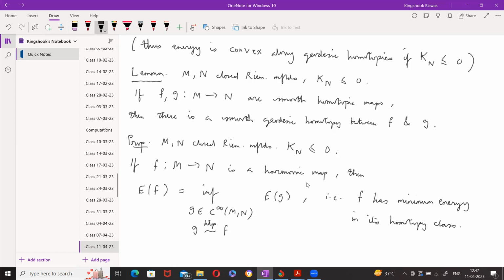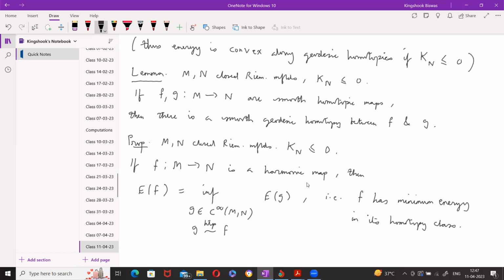Okay, so this is initially what we started out by wanting to do, right? Which is to find maps of minimum energy. When we started looking at harmonic maps, our motivation for defining them was that a minimizer of the energy would have to be a harmonic map.